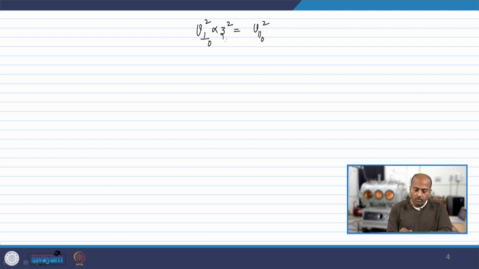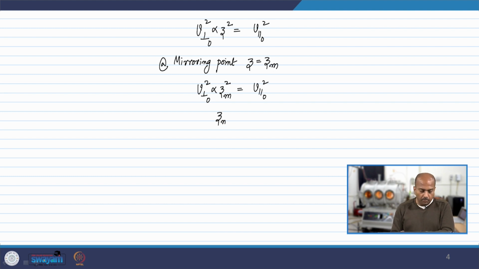Right. What did we want? We wanted at the mirroring point, the mirroring point z is equal to Zm, right. So, V perpendicular 0 square alpha Zm square is V parallel 0 square. So, Zm can be written as V parallel 0 by V perpendicular 0 times square root of alpha.